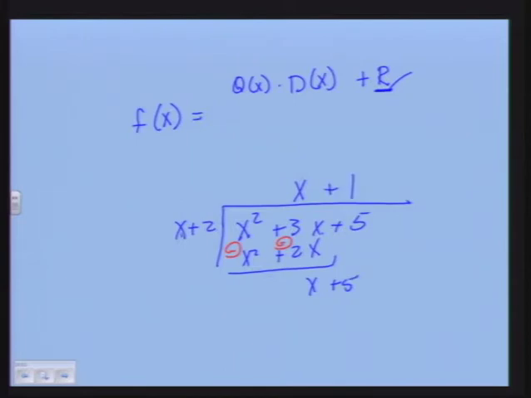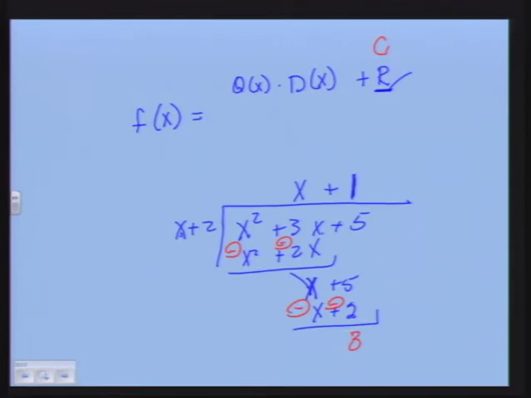I can still go because I have an x down here. So x times what gives me x? That would be a 1. 1 times x plus 2 is x plus 2. Draw a line, change signs, and add, and I have a remainder of 3, which is a constant.